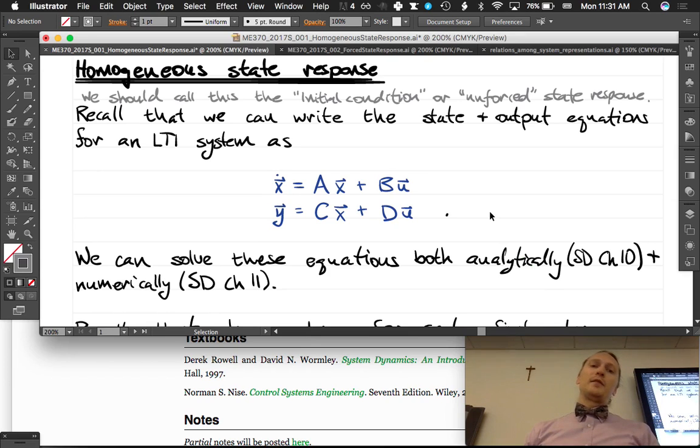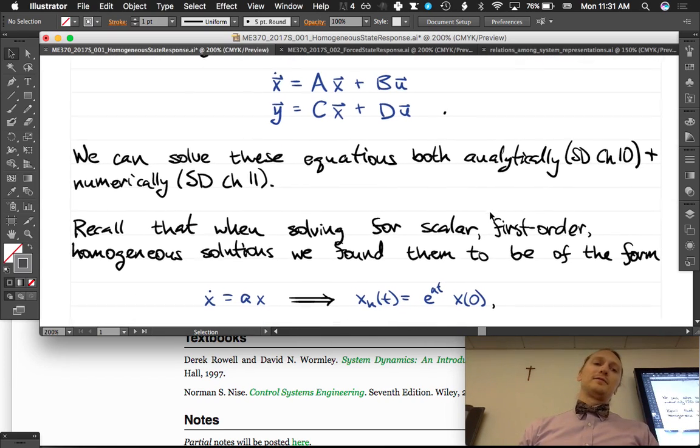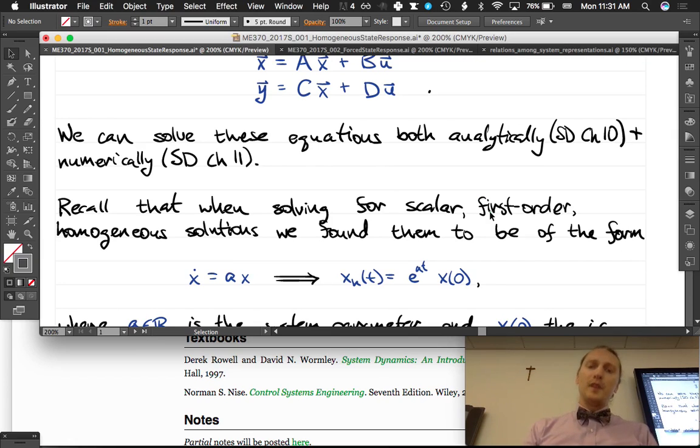And it's actually not too bad. So recall that when solving for scalar first-order homogeneous solutions, we found them to be of this form. We didn't always write it this way, but you can always rewrite a first-order homogeneous differential equation as the time derivative of one variable, plus or minus a constant times that variable, equals 0.